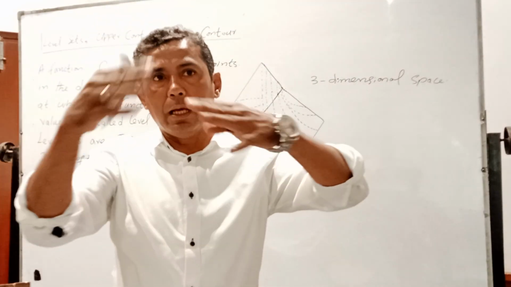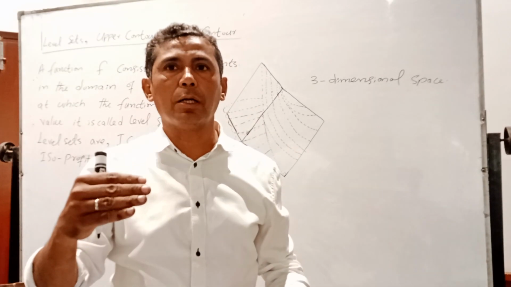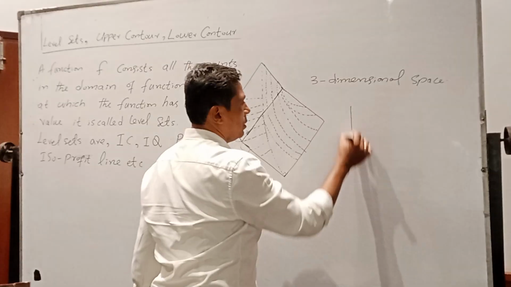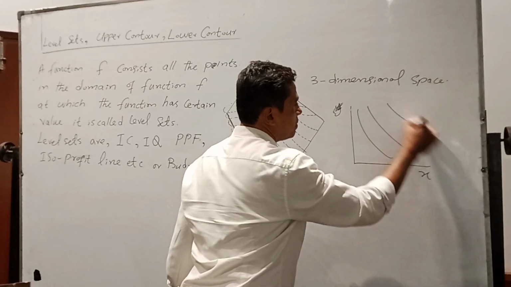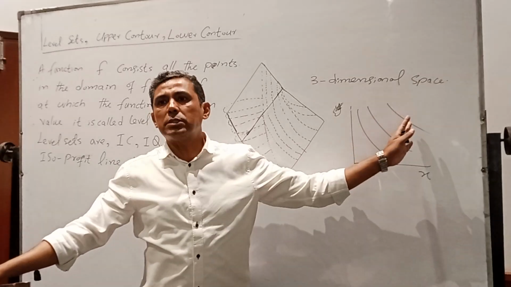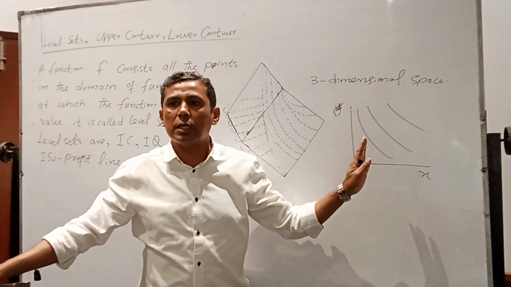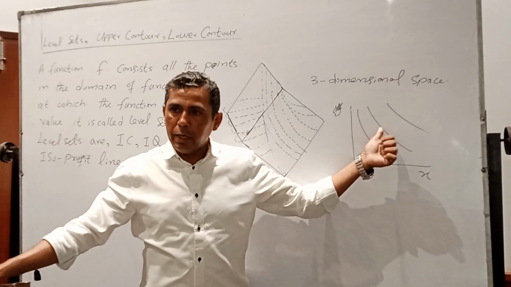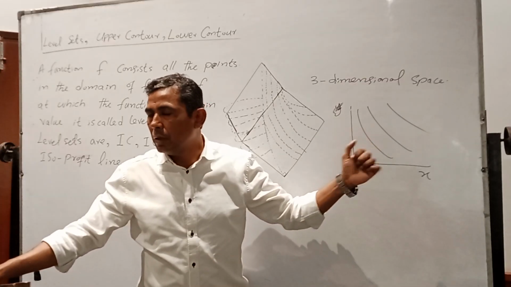Now it is the level, value of level of the functions, and this is the benchmark which I have to achieve. Clear? Because you know that it is an indifference map, multiple indifference curves you have. So multiple level sets you have. This is one level set, this is another level set, it is another one, and you select any one. Then you decide to optimize on the basis of this level set. Clear?